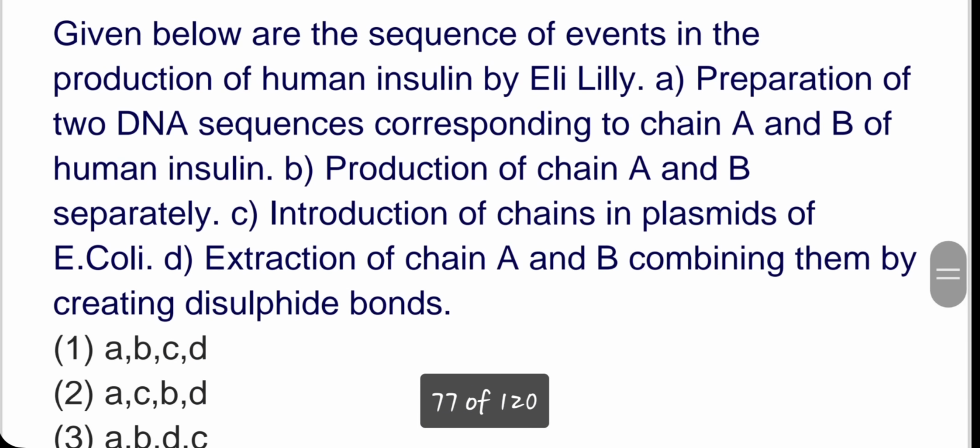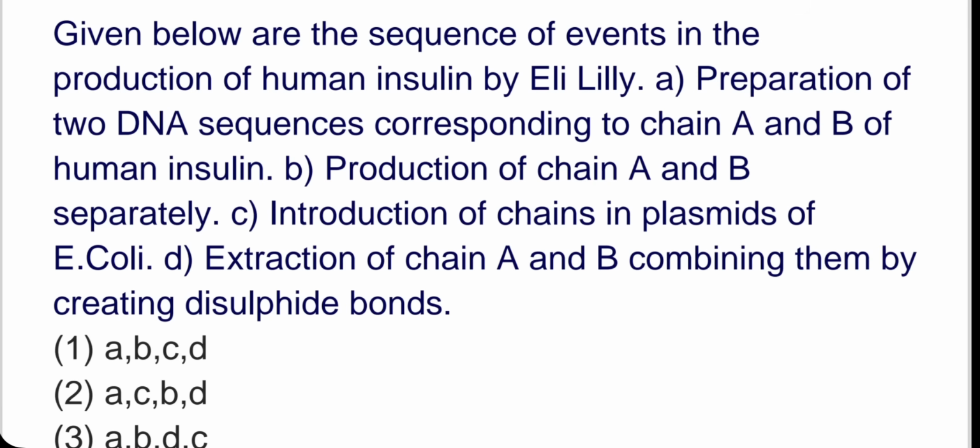Given below are the sequences of events in the production of human insulin by Eli Lilly, an American company. Preparation of 2 DNA sequences corresponding to chain A and B of human insulin, production of chain A and chain B separately, introduction of chains in plasmids of E. coli, extraction of chain A and B, combining them by creating disulfide bonds.